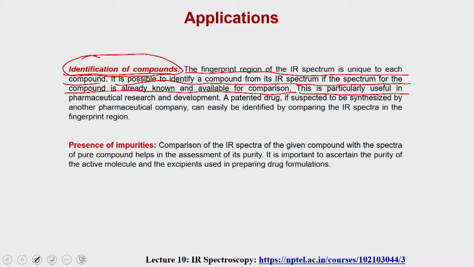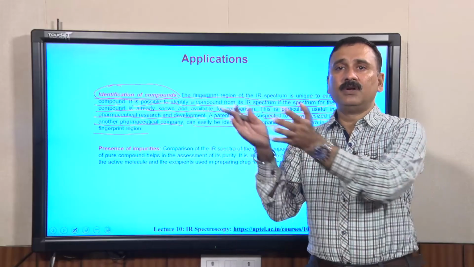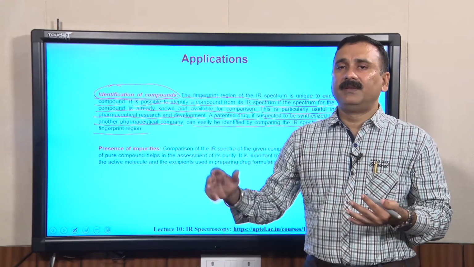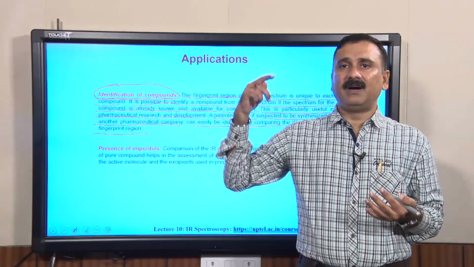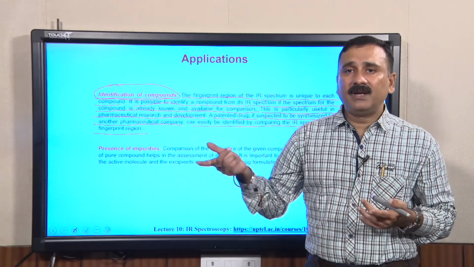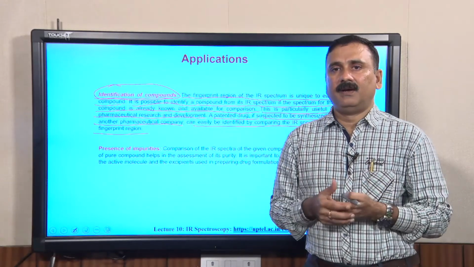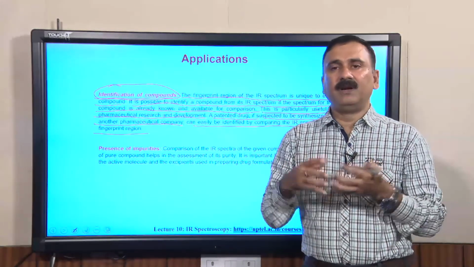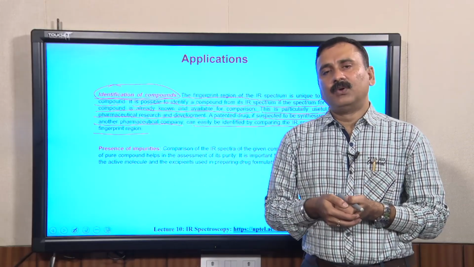This is particularly useful in pharmaceutical research and development. A patented drug, if suspected to be synthesized by another pharmaceutical company, can easily be identified by comparing the spectra of the fingerprint region. Suppose I have discovered a drug which has gone into the market, and the same drug is being synthesized by another company with a different generic name or different brand.